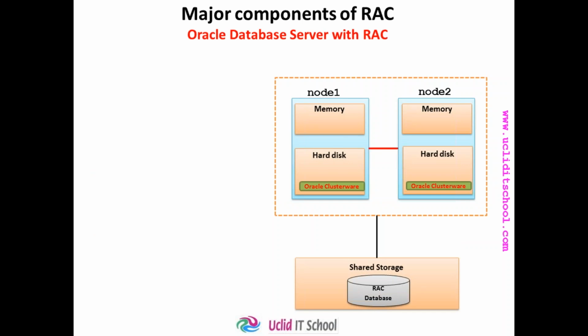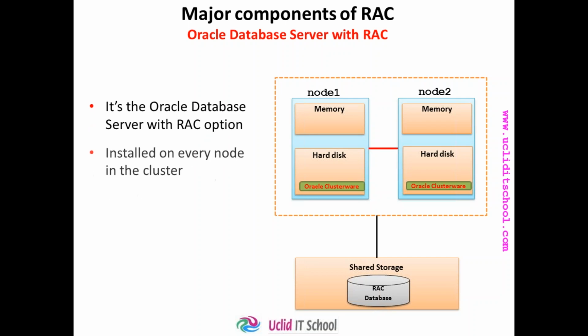Finally, the last component is the software, the Oracle database server. As I told you earlier, RAC is not a separate software. The binaries are database binaries only, because RAC is an option of the database which is separately licensed. So you install the database binaries with the RAC option, and these binaries are installed on every node in the cluster.